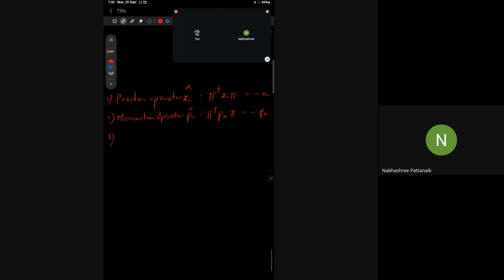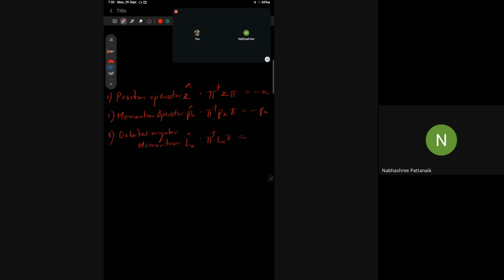The third one is orbital angular momentum. Let's say Lx. That will be pi dagger Lx pi is equal to simply Lx, not minus.